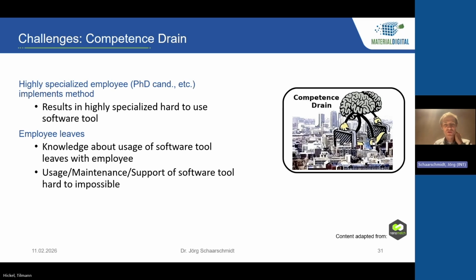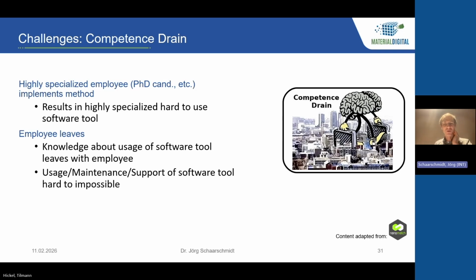Another challenge is, of course, the competence drain in these academic settings. We usually get highly trained employees. They program their stuff and produce highly specialized tools, but these are really hard to use because nobody gets paid for documentation in academic settings, only for producing results. Once an employee leaves, basically all the knowledge of how they did things often leaves too.